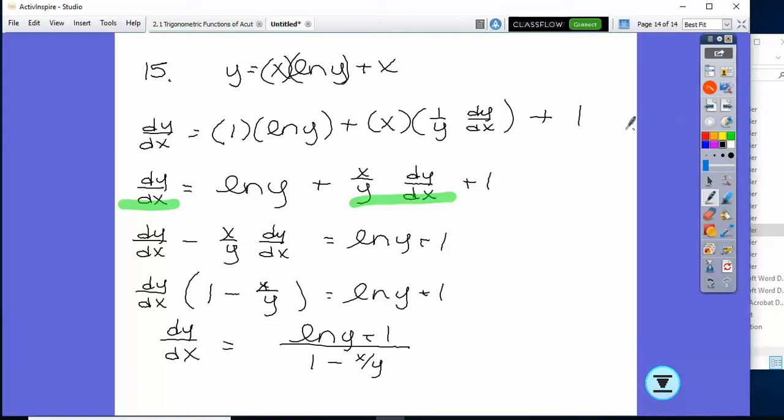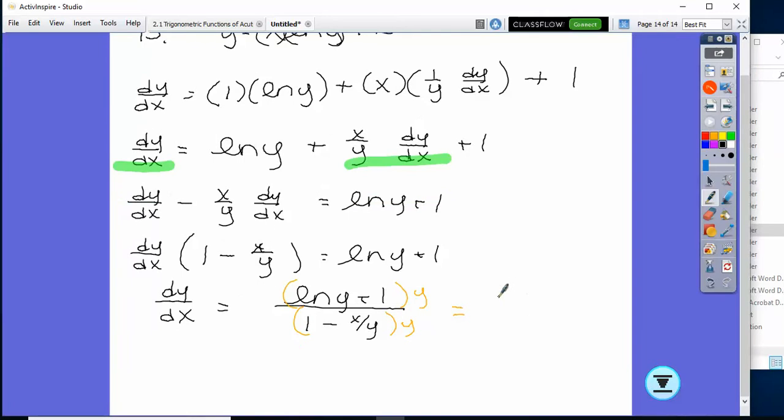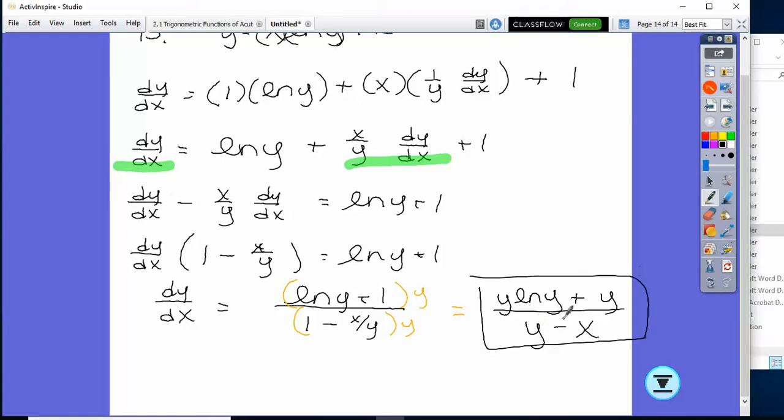No. The quick way to get rid of that is just to recognize that this denominator is y. So if I take top and bottom times y, then we get y natural log of y plus 1 times y is y, over on the bottom 1 times y is y minus x over y times y is just x. And so that is my final answer, if I clean it up all the way.